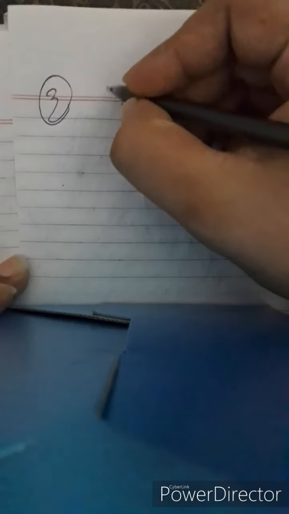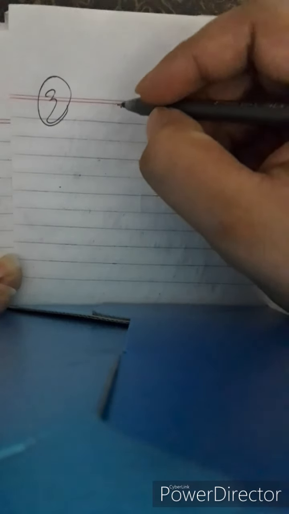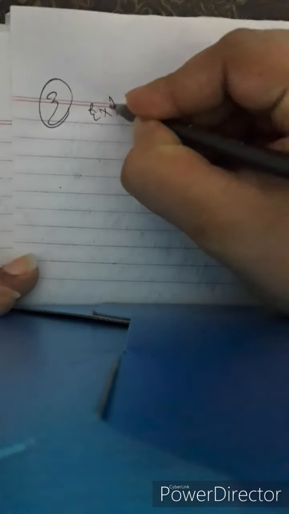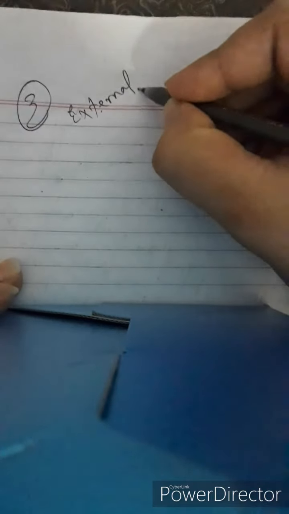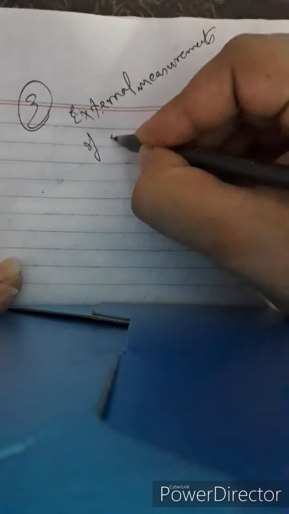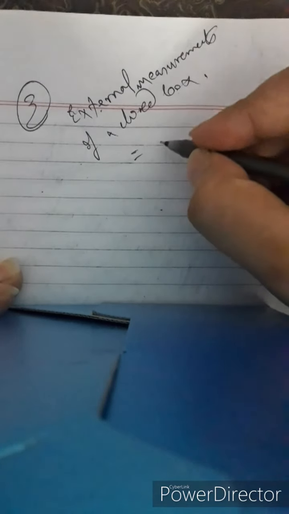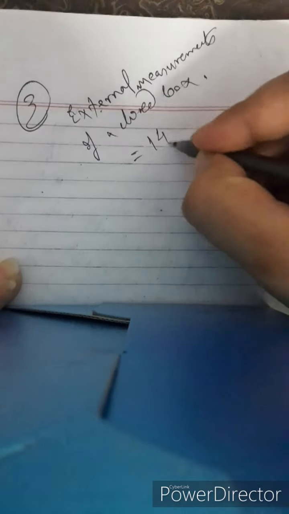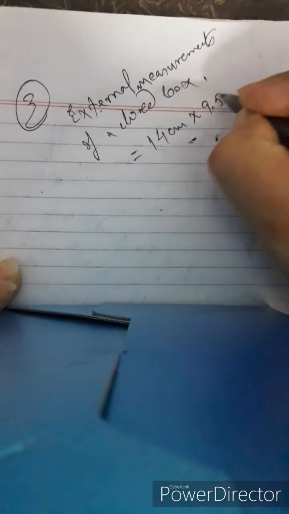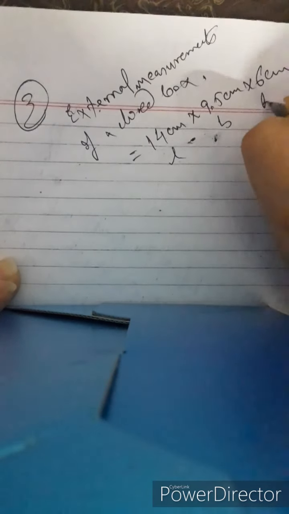So coming to the next problem, the third one, we have to find the volume of wood required for making a closed box with external measurements of 14 centimeters into 9.5 centimeters into 6 centimeters, length, breadth, and height.